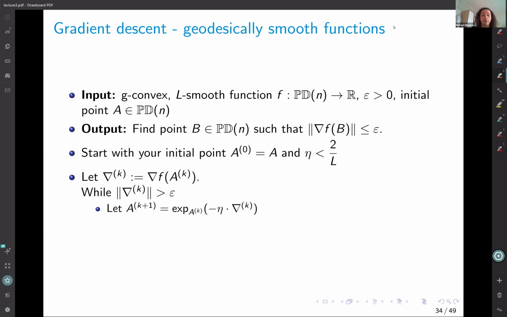Now, if the gradient is bigger than epsilon, what do we do? We let the new point, the next point of the iteration, be defined as follows.